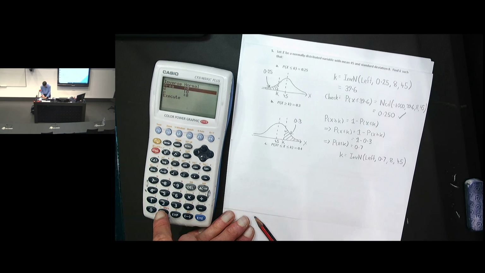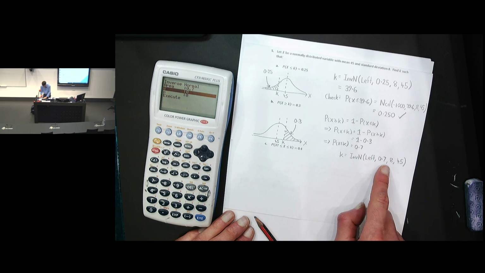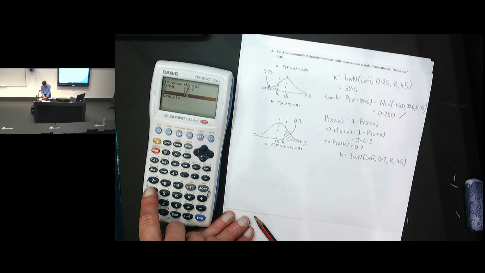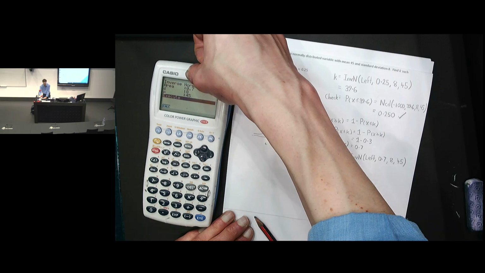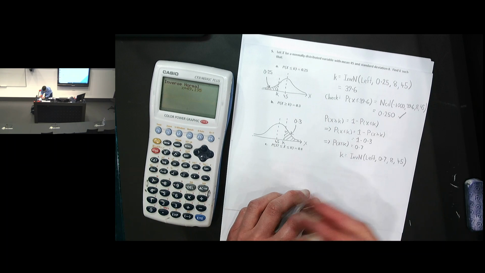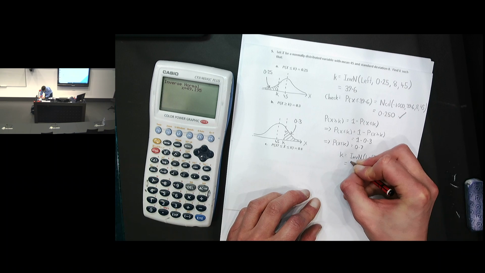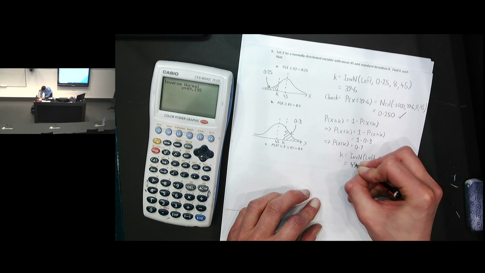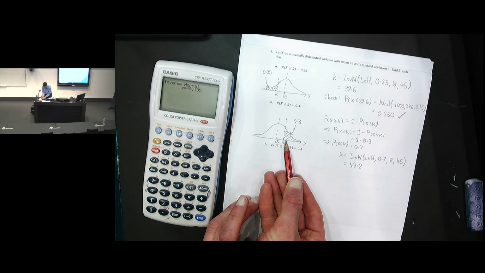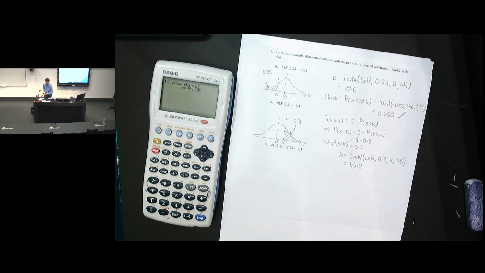The area in this case is 0.7, the standard deviation is 8 and the mean is 45. On yours we'll just use tail left again. So I get that's equal to 49.2. So this k is going to be 49.2.